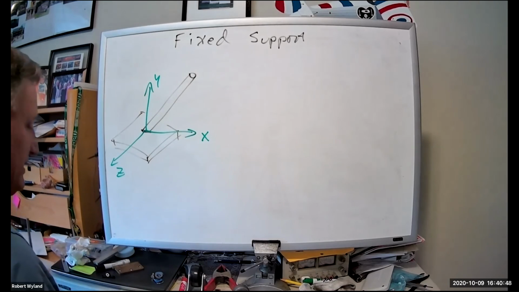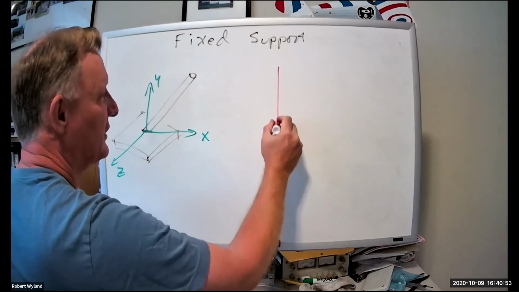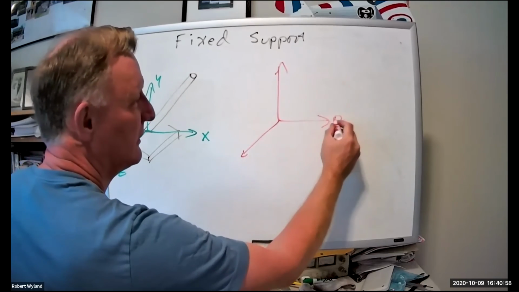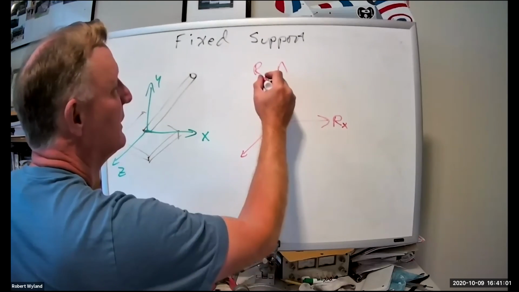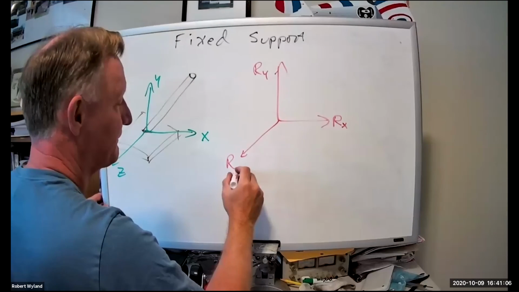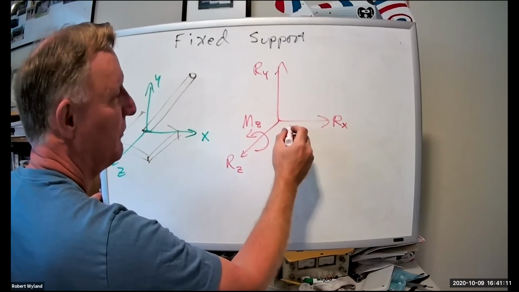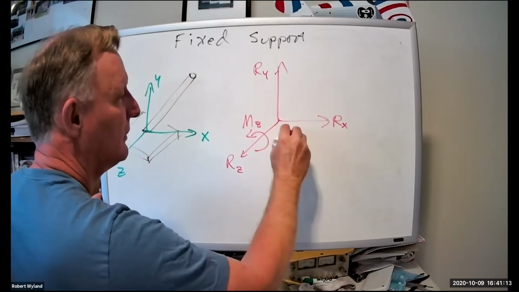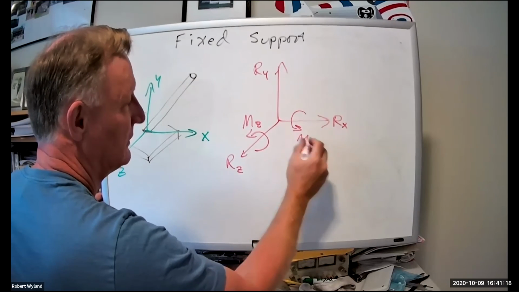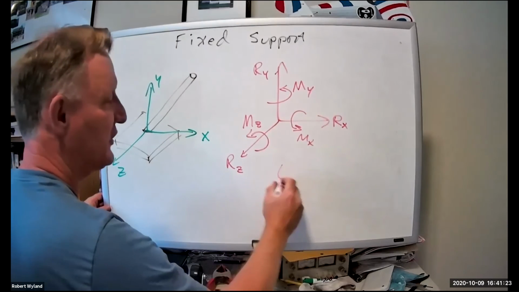I'm not sure what happens, but I've seen it over and over again that they don't understand that they have all 6 reactions. So we have 6 unknowns.